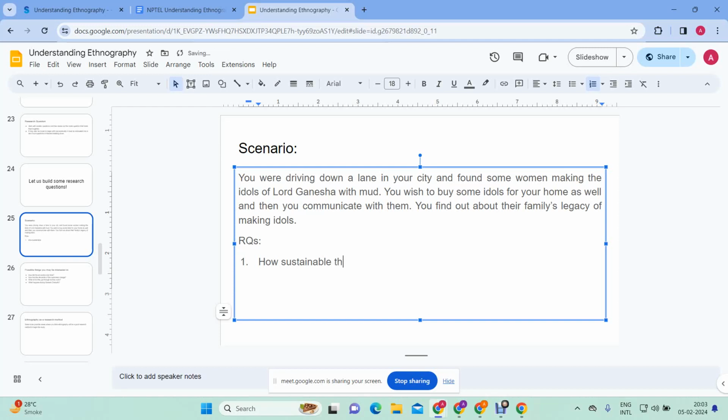So how sustainable this practice of making idols is. Another one: what drives them to do this, irrespective of whatever happens? Because they have been doing it for ages. They didn't stop.